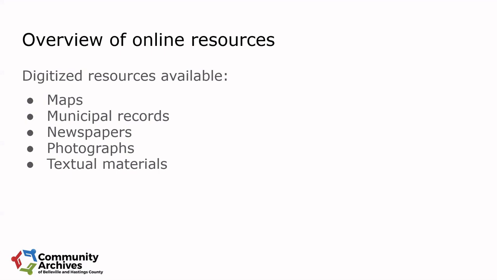And we've been scanning the microfilm of the newspapers. We've been photographing original newspapers where we don't have the microfilm. And we generally scan things on demand when people ask for them. So if there's a file that you're interested in at the Community Archives and it's not been digitized, you can just drop us an email and we will scan it. And usually, if there's no issues with copyright, we will put it online.